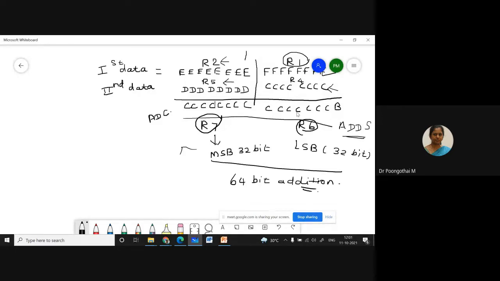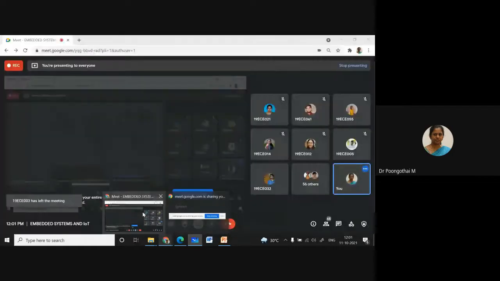Okay. Has anyone explained the code? Have you tried this code in Keil MicroVision? Is anyone ready to explain?